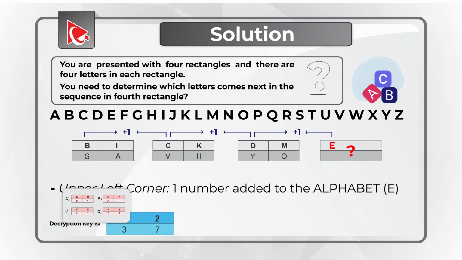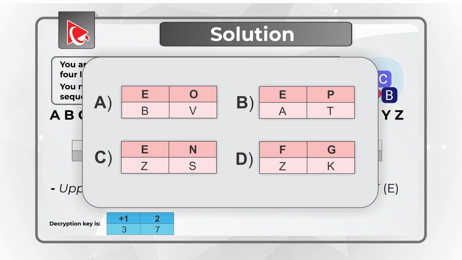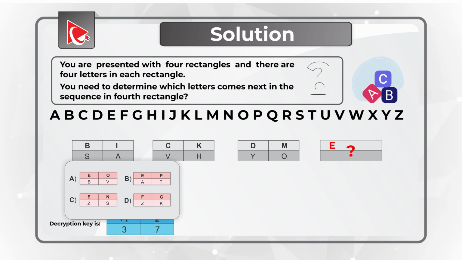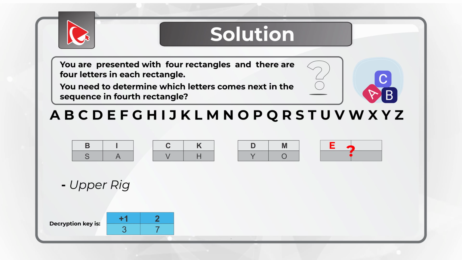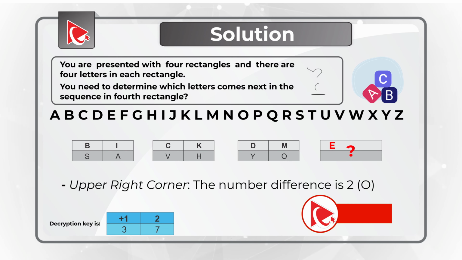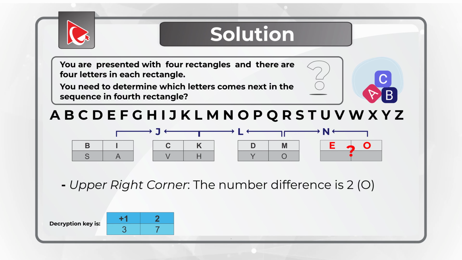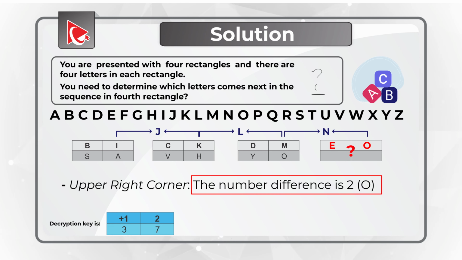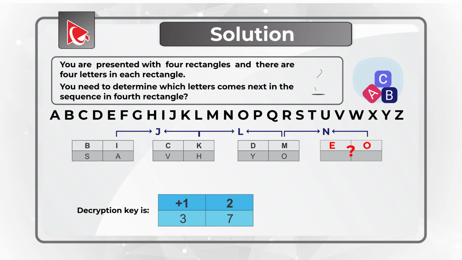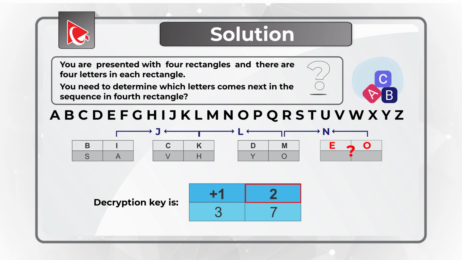But if you look at the set of answers, choices A, B, and C all have letter E in the upper left corner. Now let's look at the upper right corner of the rectangles. You see that in the main sequence, the letters are I, K, and M. And if you know the English alphabet, H, I, J, which is missing, K, L, next is M, and O, which means that the increment is 2, which matches the second number in our decryption key.